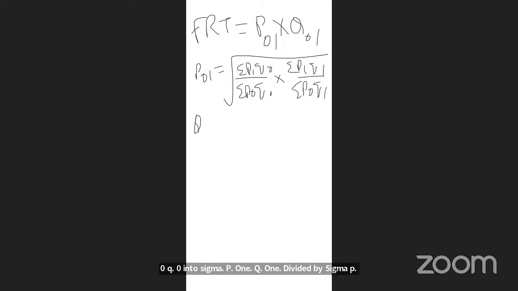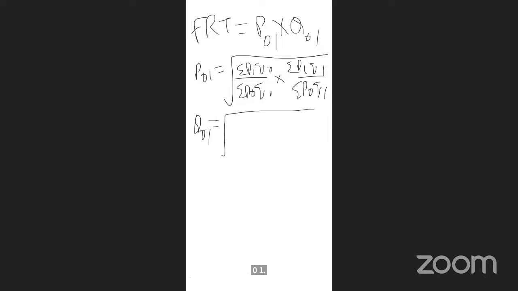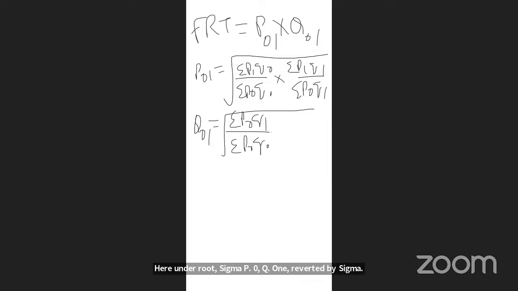Now coming to the Q01, here under root sigma P0 Q1 divided by sigma P0 Q0 into sigma P1 Q1 divided by sigma P1 Q0.